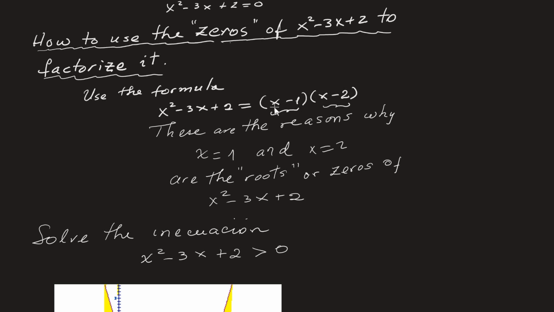Check. x times x is x squared. x times minus 2 is minus 2x, and this minus x, minus 3x, and this number times this number is 2. Check that it works.